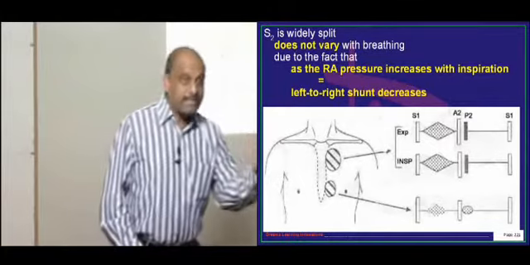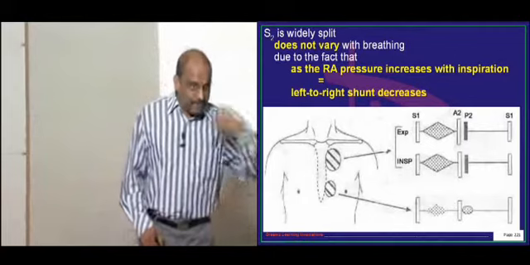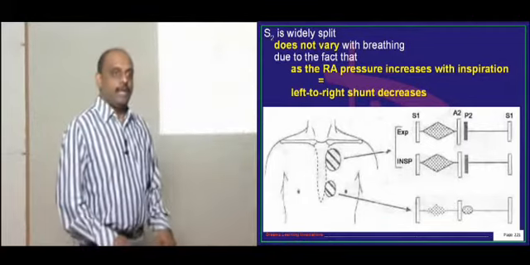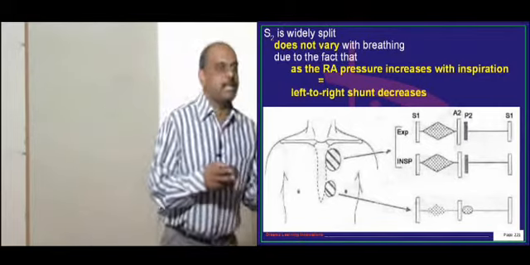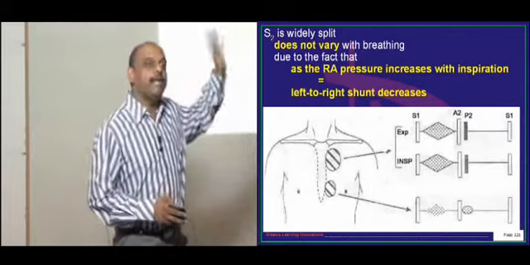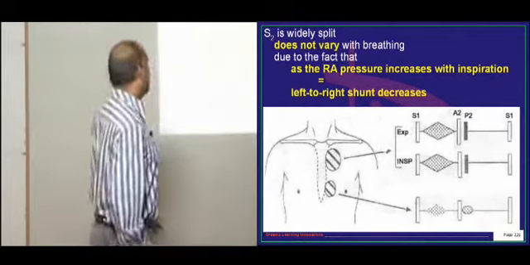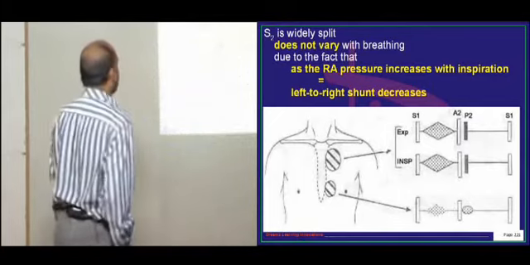But that excess of the venous return, which occurs further with inspiration, will not occur in the case of the ASD, because already the left atrial blood enters into the right atrium. So right atrium is house full. It won't permit any additional inspiratory venous return increase. So that's the reason it is widely split but fixed, without any further increase with inspiration, is what needs to be basically remembered.